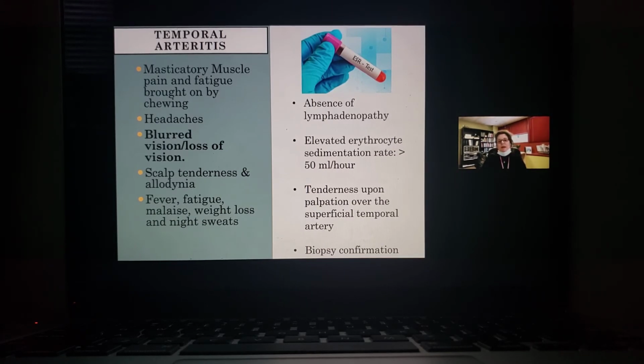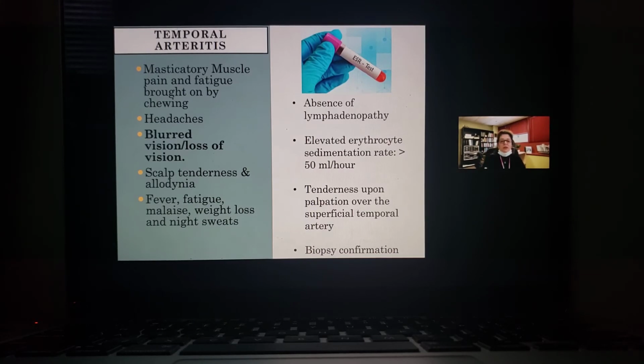The first blood work that probably is going to be ordered for this is the erythrocyte sedimentation rate, which is going to be elevated in this patient. But as you know, the erythrocyte sedimentation rate is elevated in every inflammatory process, so it's a first step, but it's not unique to temporal arteritis.